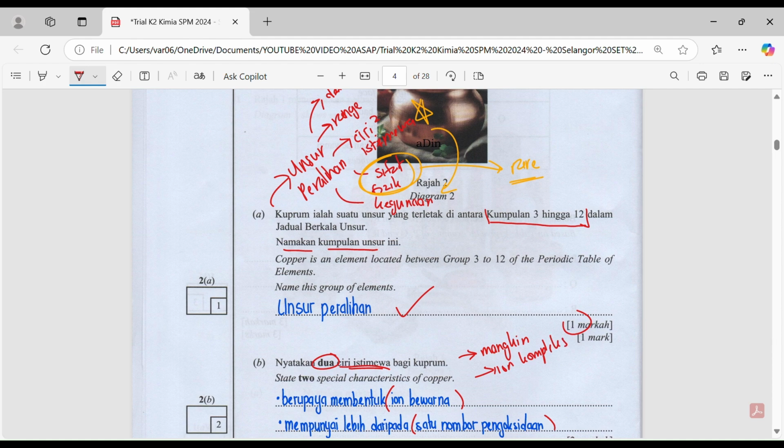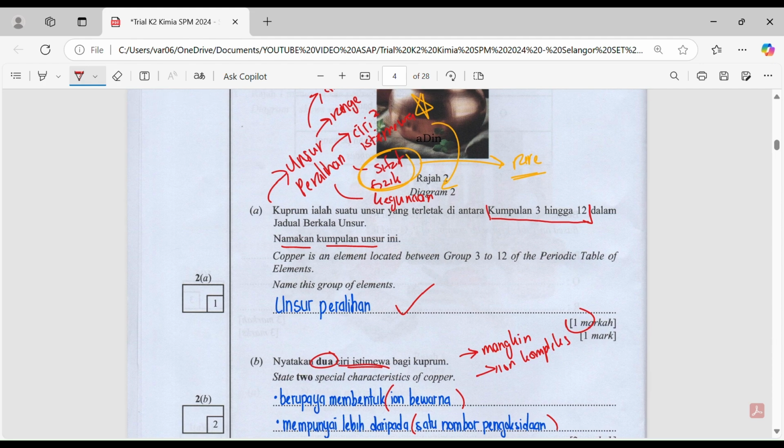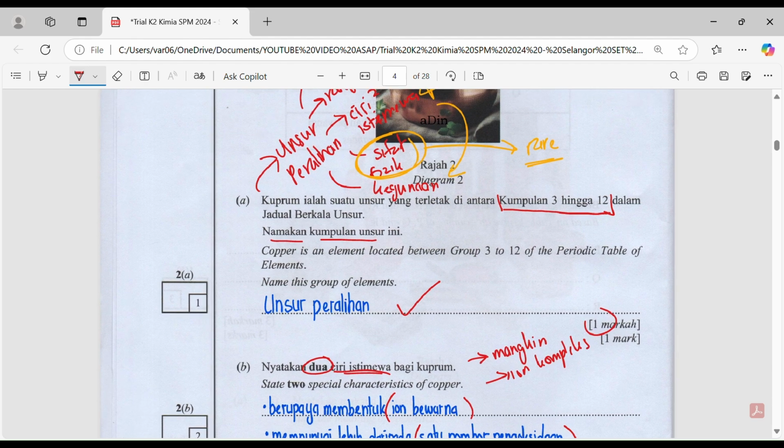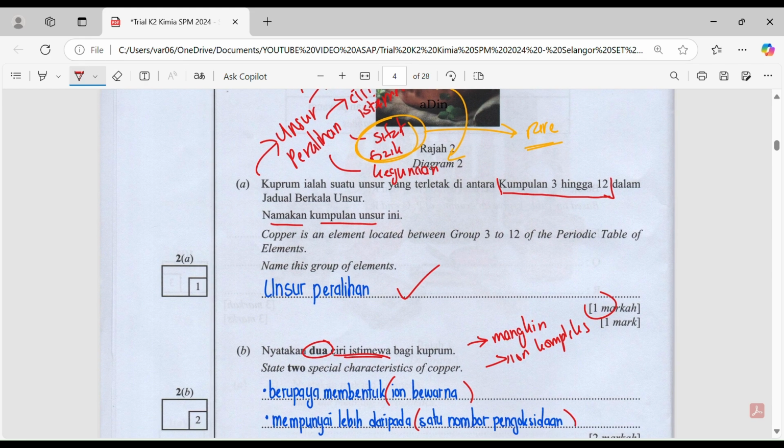They can also form a complex ion. Alright, for this type of question, if you see in detail, for question B, they already specify the number of answers that you should give. They said give only 2 special characteristics of copper.